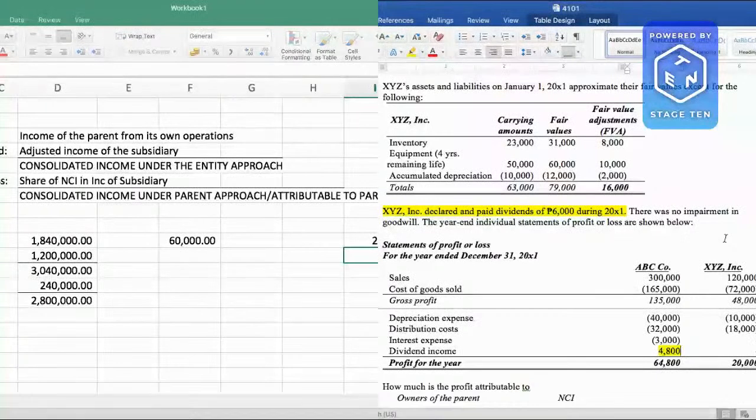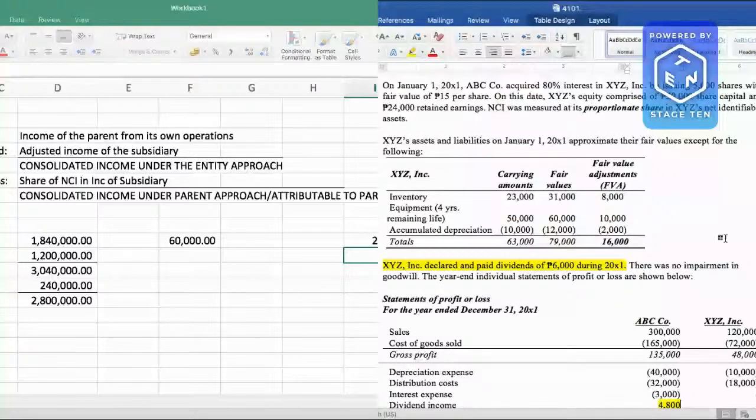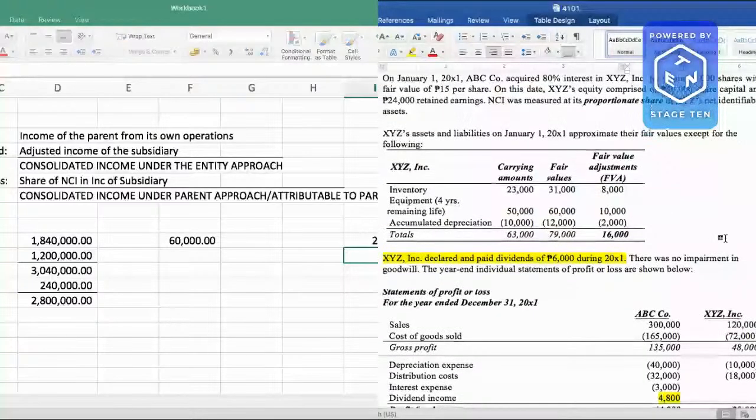So 10,000 divided by 4 years, class, would give you 2,500. And since it is the fair value that is higher, this would be a deduction.